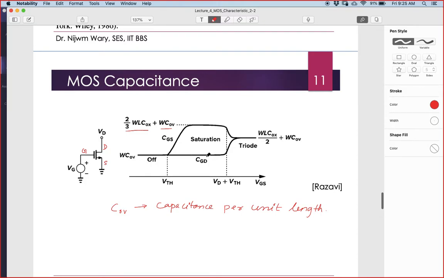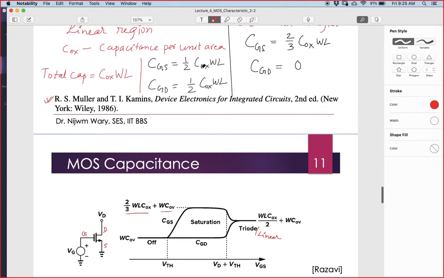Now as we go to the triode region, the linear region, in both cases it will be half COX WL. Both CGS and CGD will be half COX WL plus the overlap capacitance.